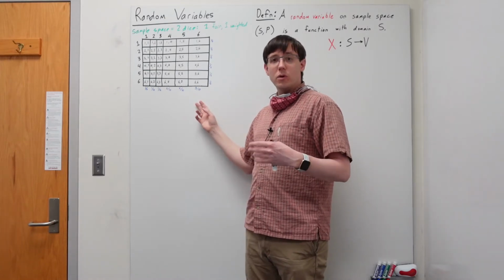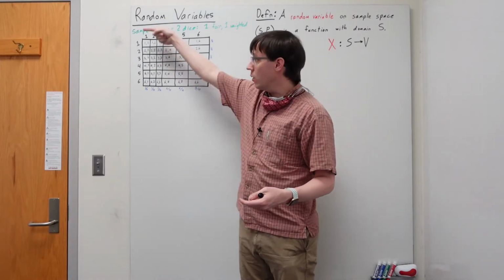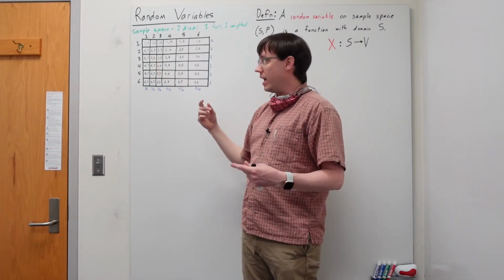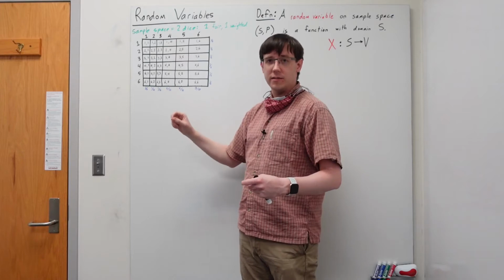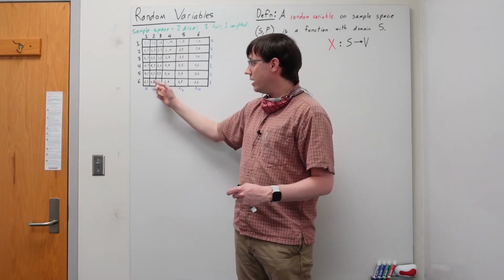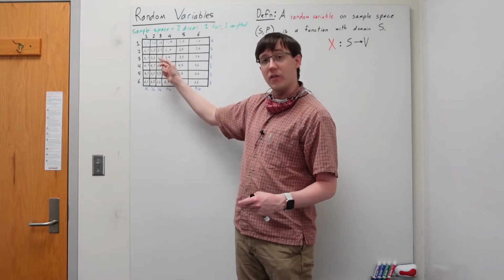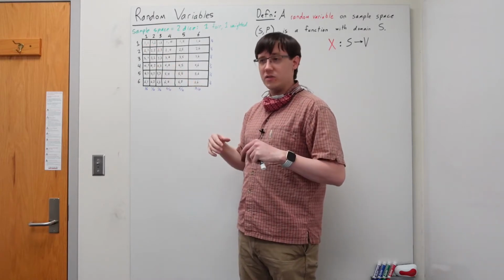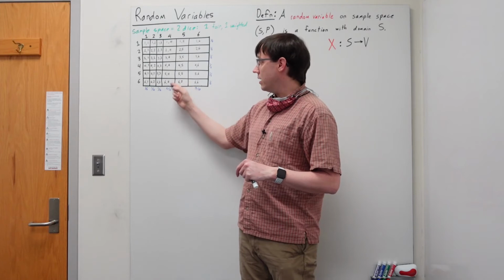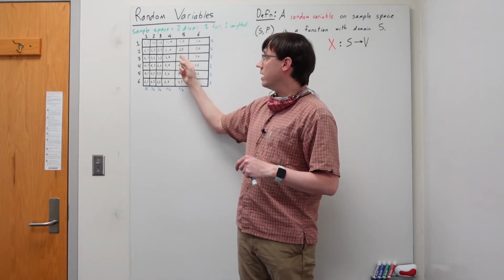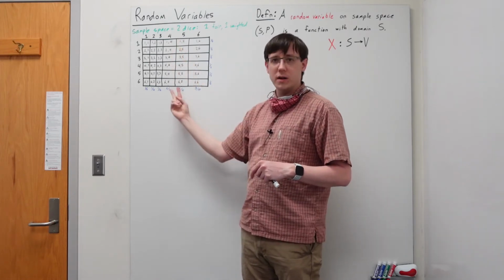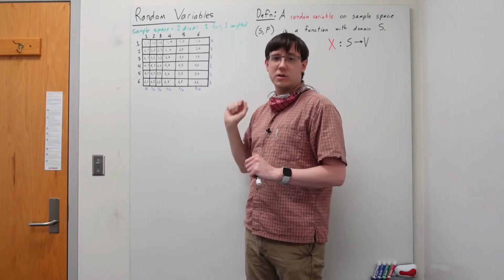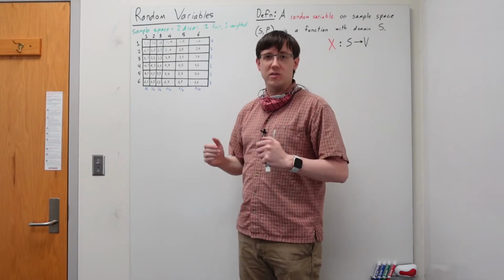So when we roll the pair of dice, where one is fair and the other is weighted, we have a 1/60th chance of landing on any of the outcomes on the left-hand side. We have a 2/60th chance of landing in any of the outcomes in these 2 columns, and for each of the outcomes in the rightmost column, we have a 3/60th chance.